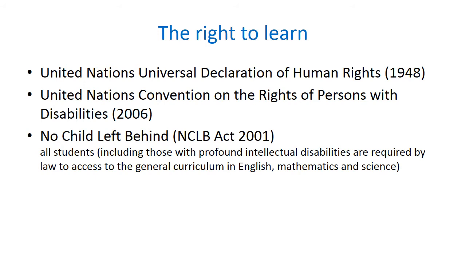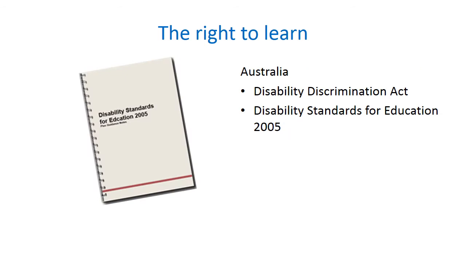In Australia, we have the Disability Discrimination Act, and if you've had the chance to have a look at it, it's just the way law is, and I think the language takes a very particular aspect of training to be able to make sense of it.